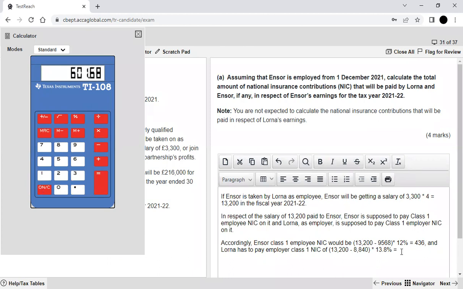It's 602, which will be covered by the NIC employment allowance available to Lorna.